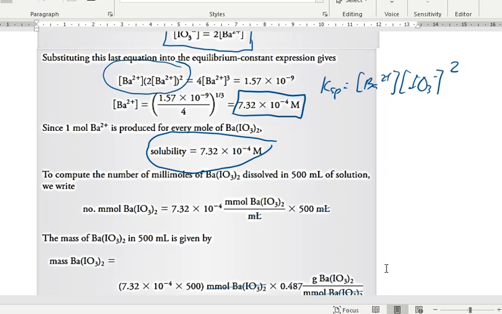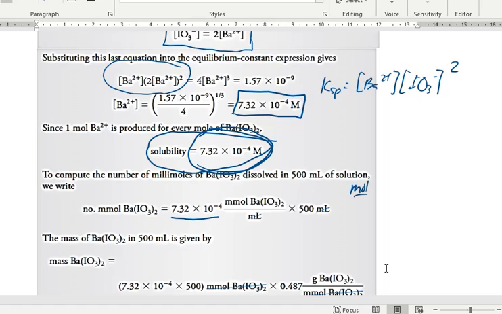barium. Remember, class, this concentration is the concentration that is dissolved in solution. So this is not the total barium in your beaker. This is just the dissolved barium. That is what molar solubility means. Okay? So, that means in your solution, what is dissolved is 7.32 times 10 to the minus 4 millimoles per mL, or that's still molarity, right?